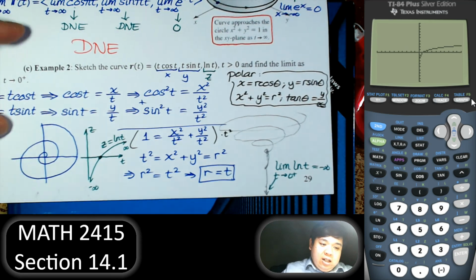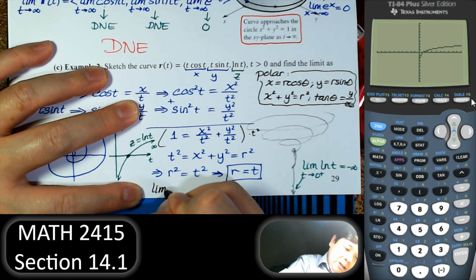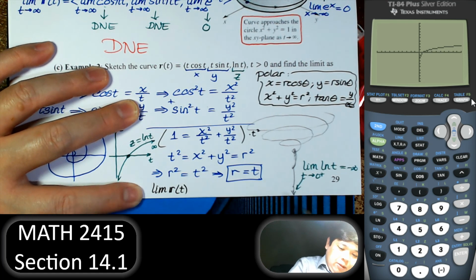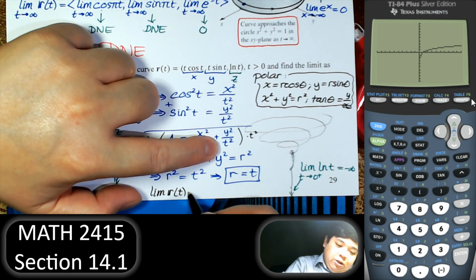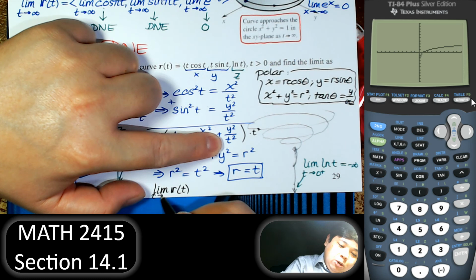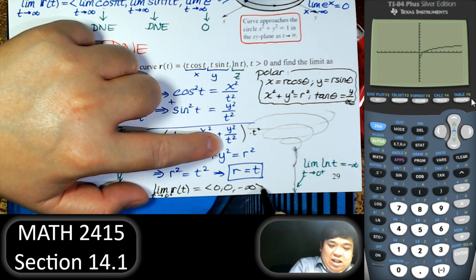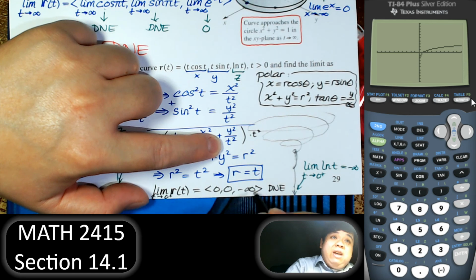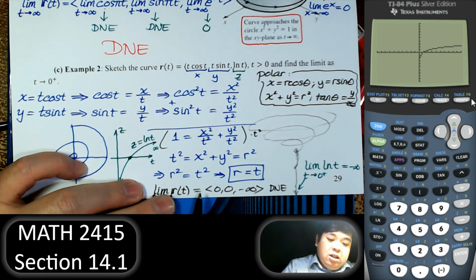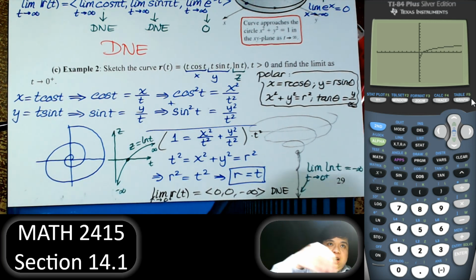So we say that the limit of r of t as t goes to 0, this goes to 0, this goes to 0, is equal to 0, 0. And I know it's not technically like that, but we still say it does not exist because we have infinity there. But we know that we'll approach the point down here. So it's kind of a tornado.